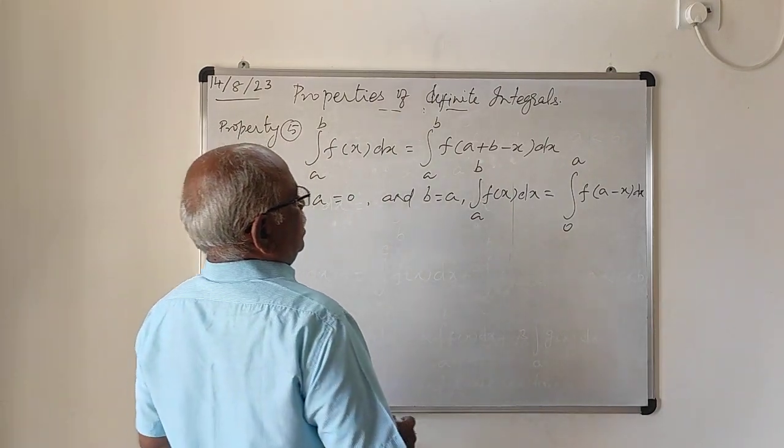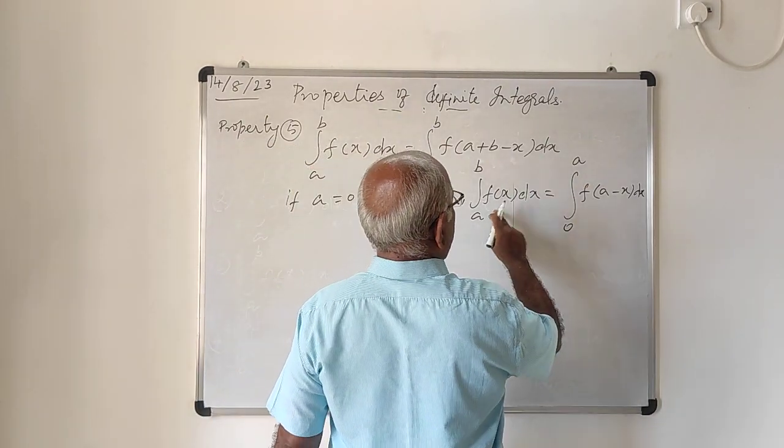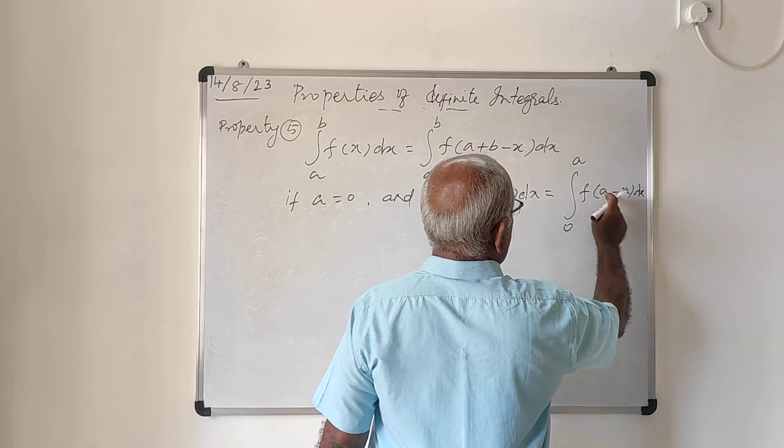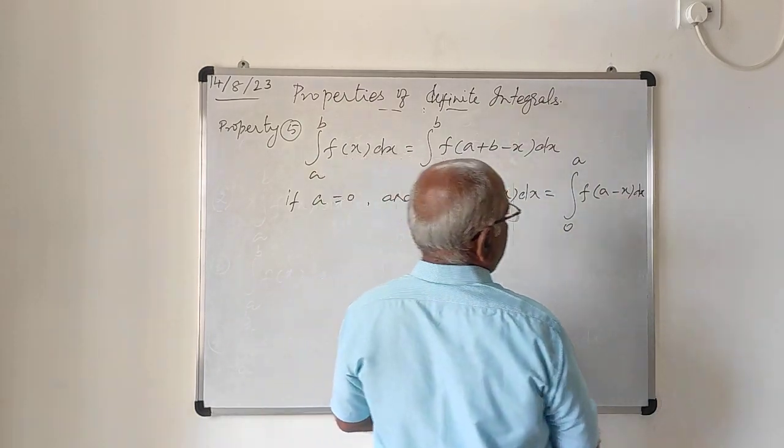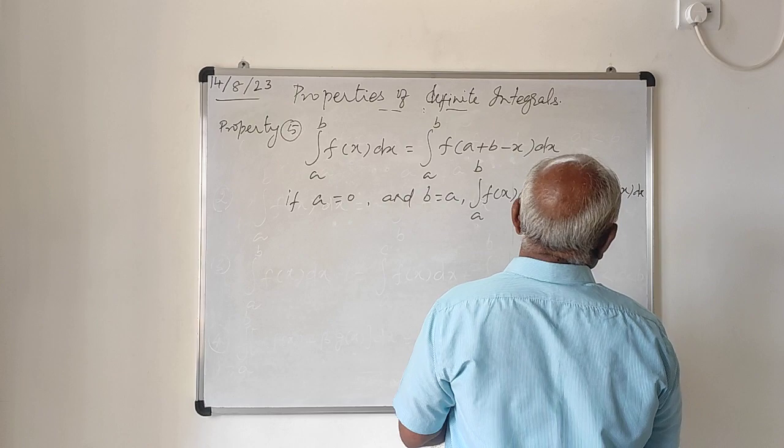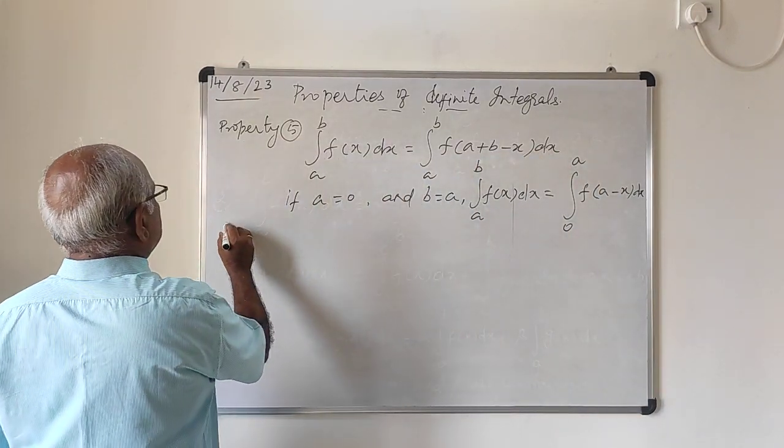The integral a to b becomes integral 0 to a, f of x dx becomes f of a minus x dx, because a is 0, b is a. That's all. Okay? Next, property 6.